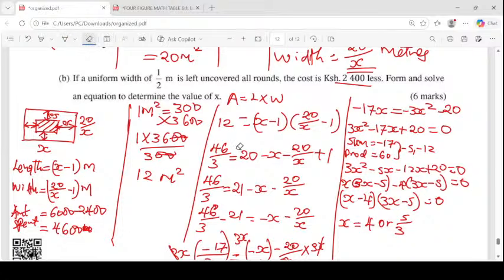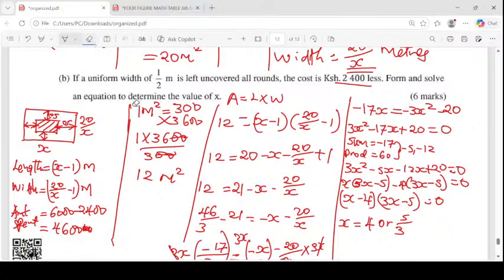Even this one here, all of this, this should be 12. So 12 is equal to that. Even here, this should be 12 is equal to that.